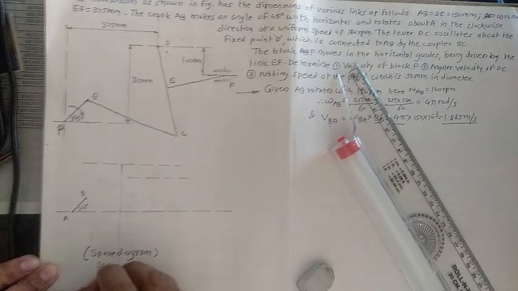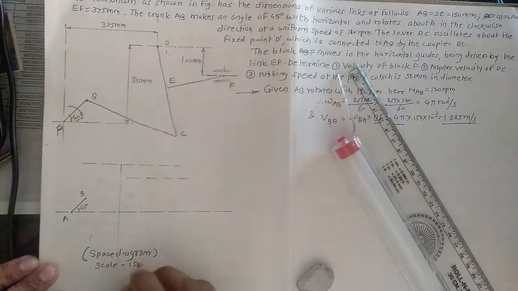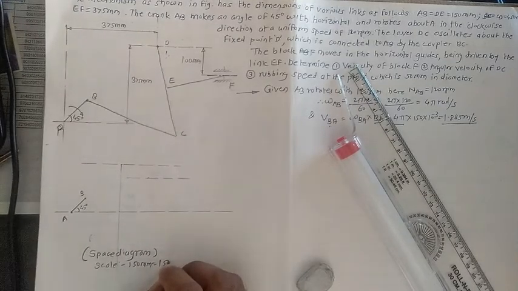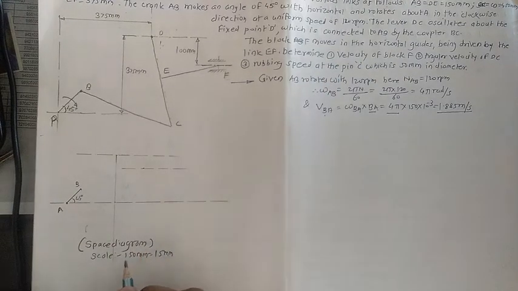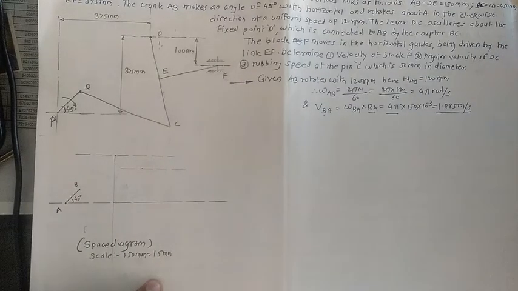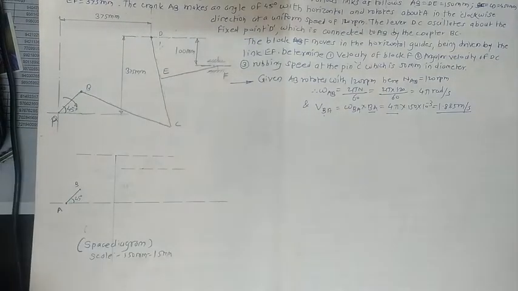The 150 mm length, I'll consider as 15 mm. So scale: 150 mm equals 15 mm. In this way, you get the scale, and the length here is 15 mm.